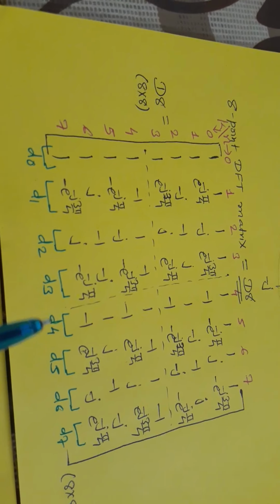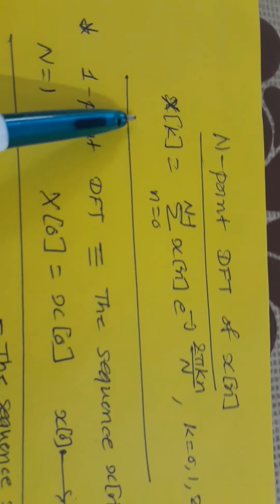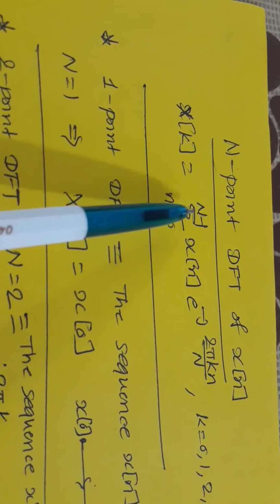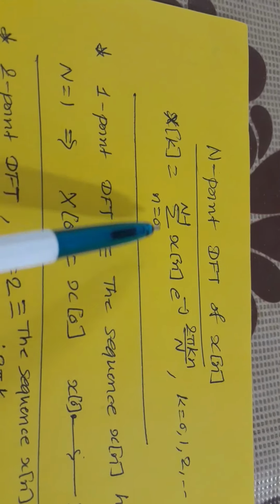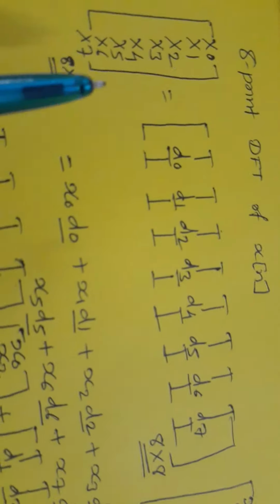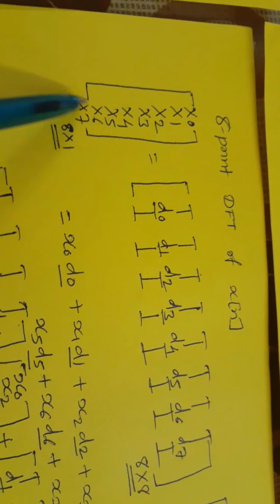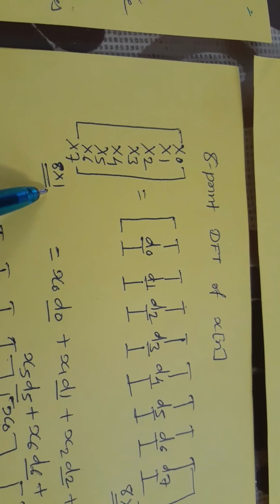Now if we want to write the 8-point DFT, we have to follow the same original equation of DFT. Here capital N equals 8. If we follow the matrix equation, we can write this in a short form: the output is the DFT, that is an 8 cross 1 vector.